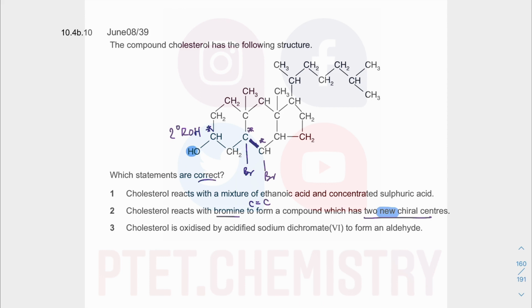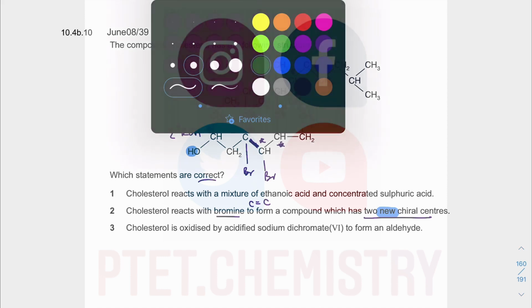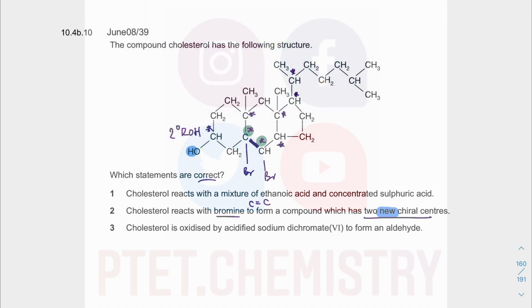But you still have many. In fact, this is also chiral, this is also chiral. You have many chiral centers, but the new ones are basically this and this. So perhaps I can change this to a different color. All right. So 2 new chiral centers is actually correct.